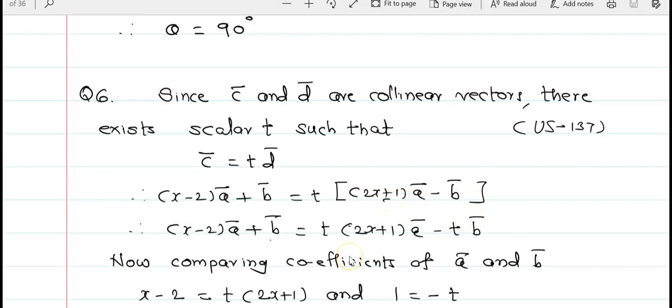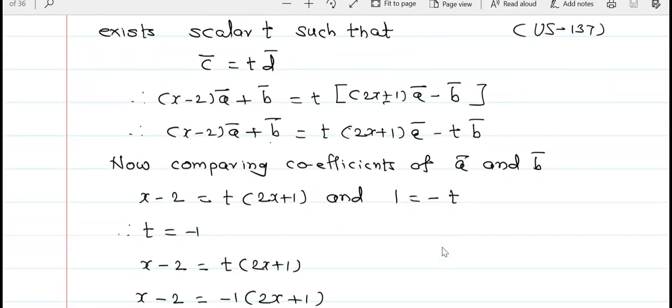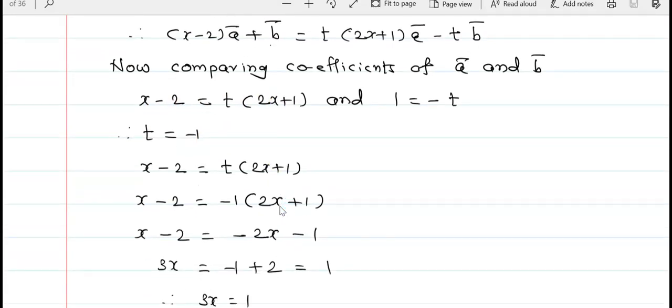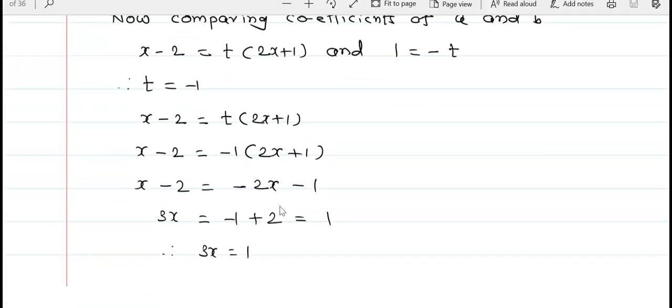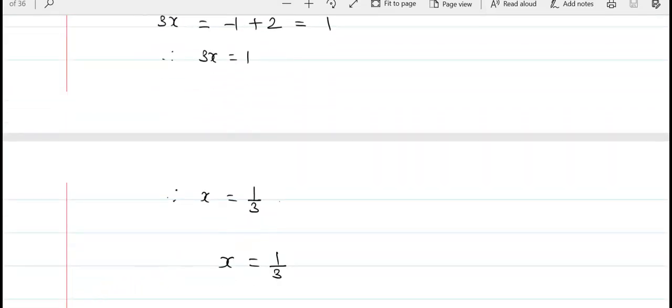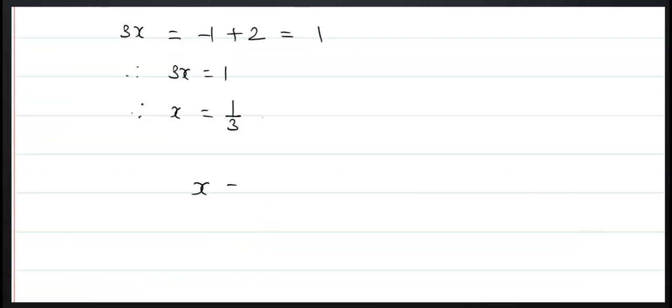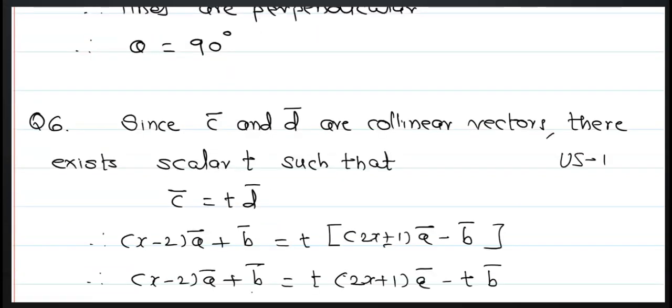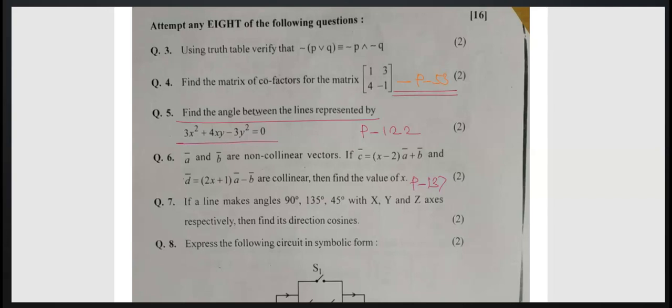Compare the coefficients of a bar and b bar. That's why you will get the value of t is equal to minus 1. Substitute the value of t here. Then you will get x is equal to 1 upon 3. This is the final answer.